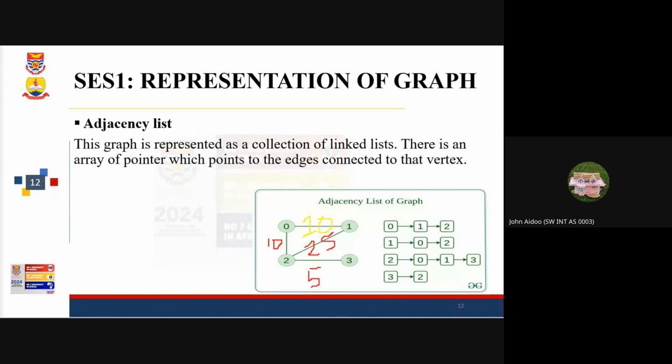John Edu: Sir, looking at what you have on our sheets now, the numbers have some sort of directions within it. I'm looking at the graph, there is no direction on it. So when we are drawing the graph, do we provide the directions or should we take the directions from it? Okay, so these are just pointers that are pointing to each of the vertices.